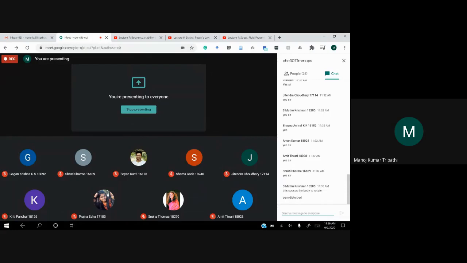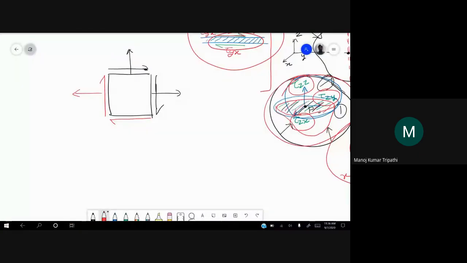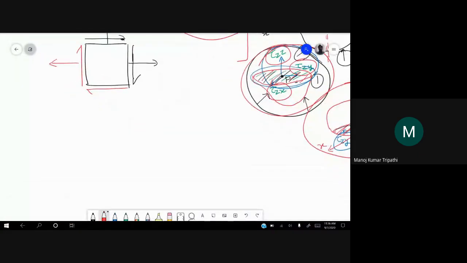Okay, you all have seen flows like what is known as a sink flow. If you have water going down a sink hole, then it rotates, and ultimately goes down the sink.